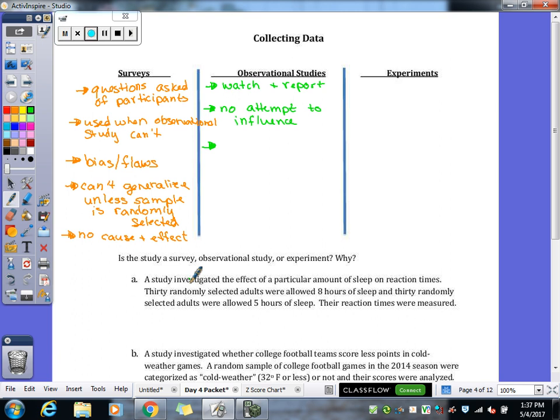Okay. Anyways, you can use this when you can't do an experiment. And again, one of the most important things is you need to randomize in order to be able to generalize to the population.